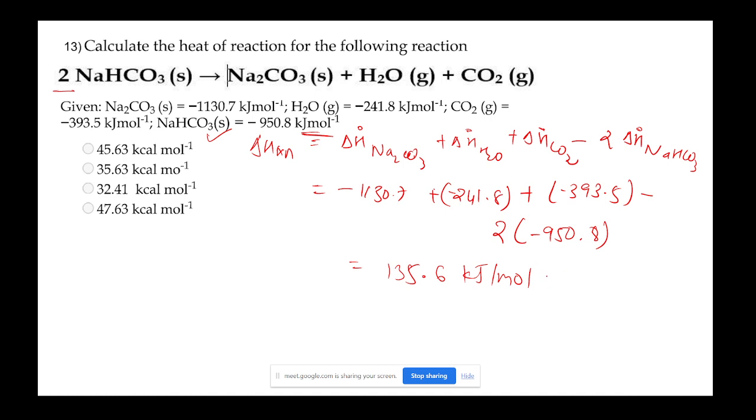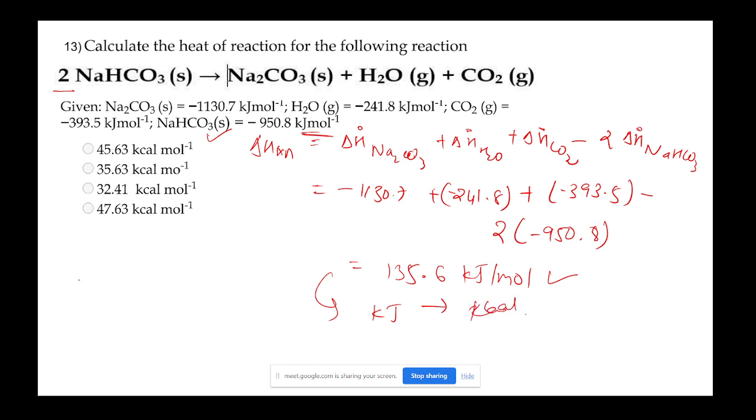Now here it is in kilojoule per mole, and if I look into the options, they are in kilocalorie per mole. Okay, so I need a conversion from kilojoule to kilocalorie.